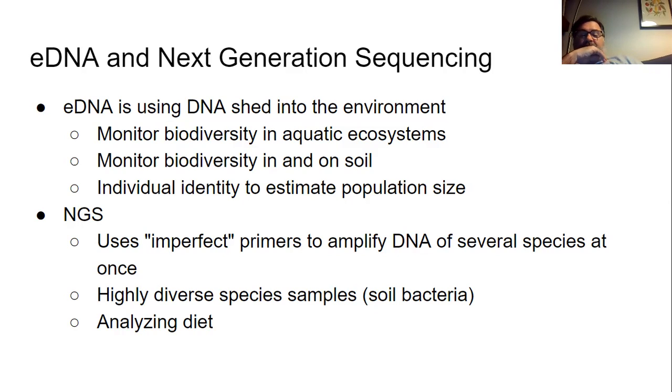Use that with highly diverse species samples. So a microbiologist that was at Wilkes was using it to look at the diversity of soil bacteria. And I've also seen where next generation sequencing is used to analyze diet.